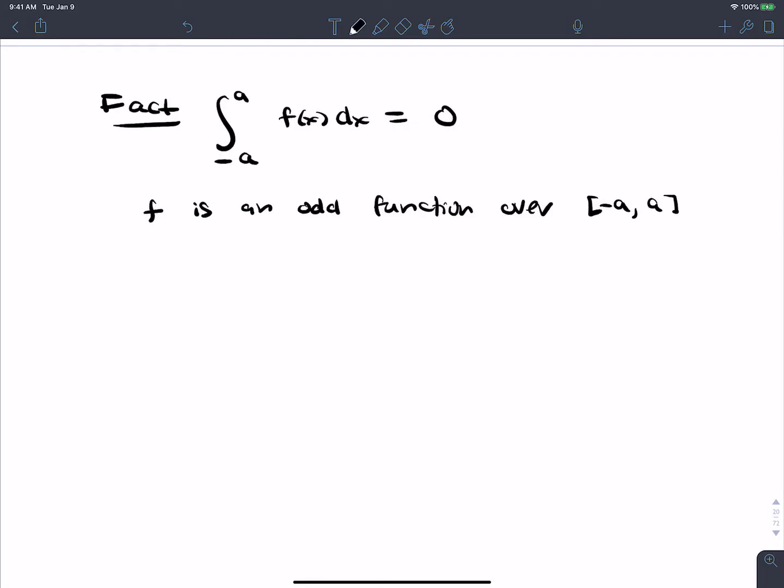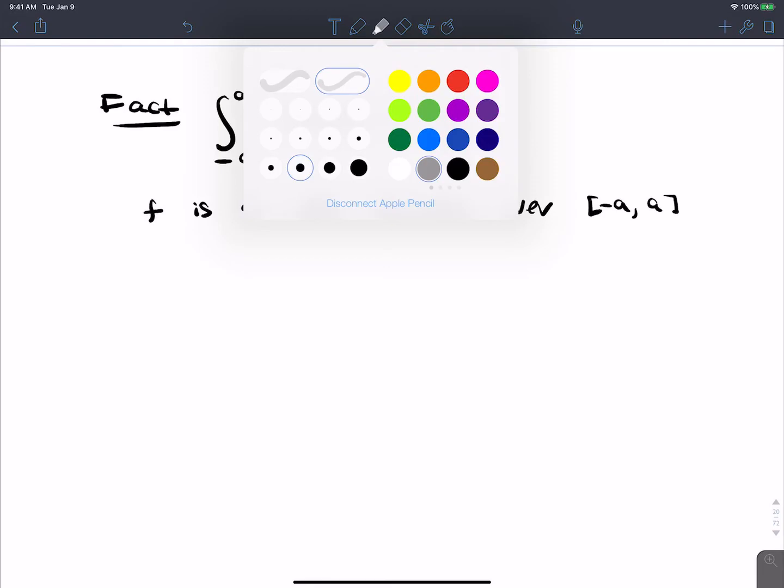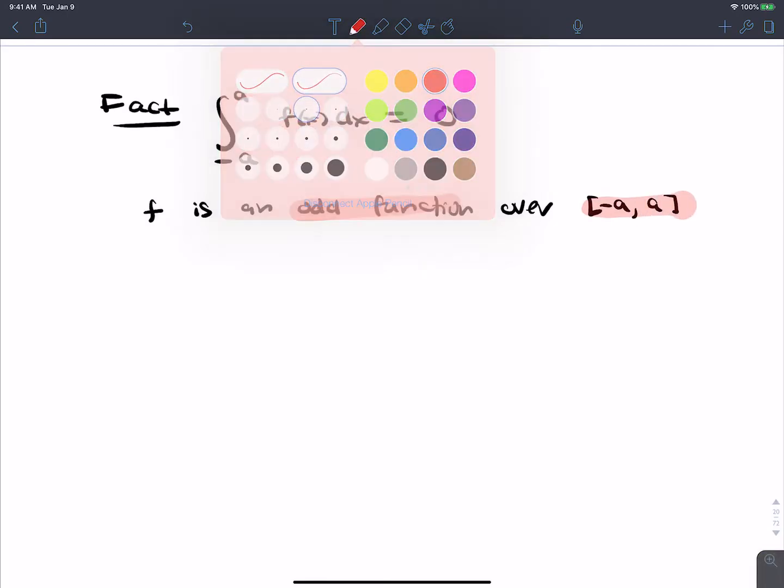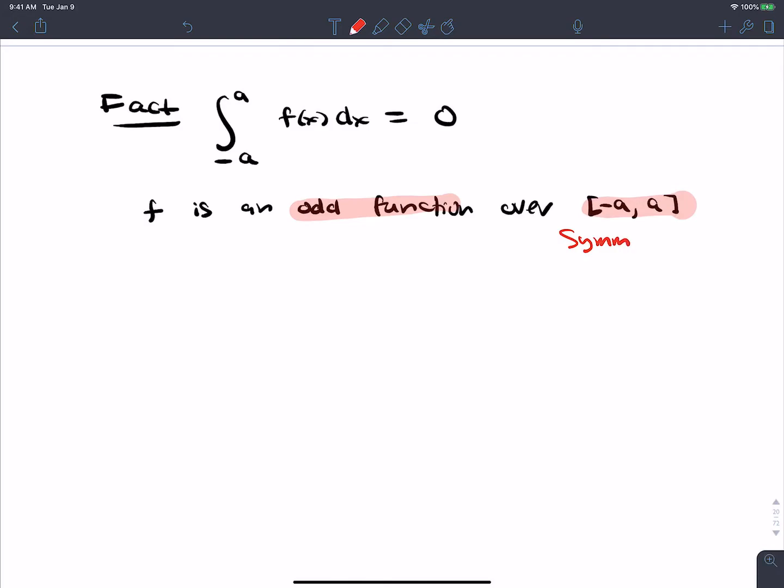Good. This happens when you have a what? You have to have an odd function. So your function has to be odd, and you have to have that symmetric interval. Right? So let me point out, this is what we mean by the symmetric interval, odd function.